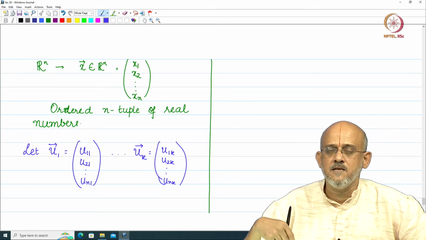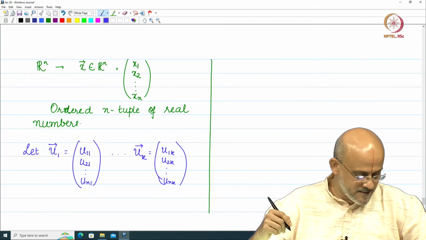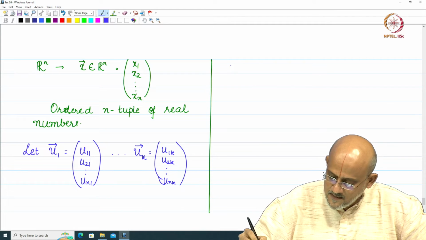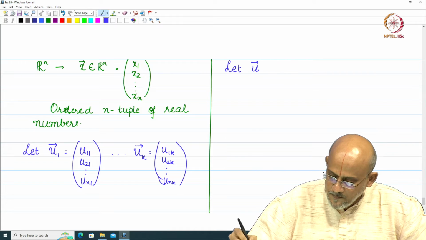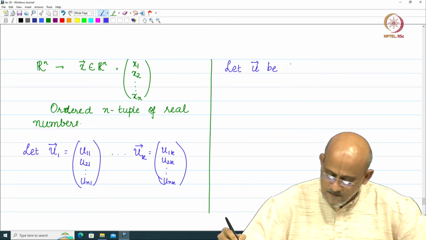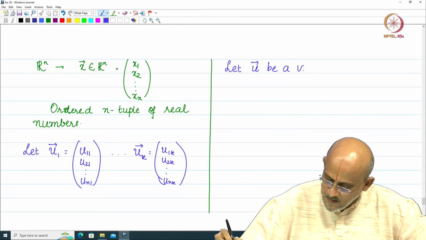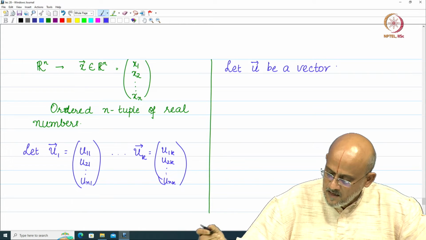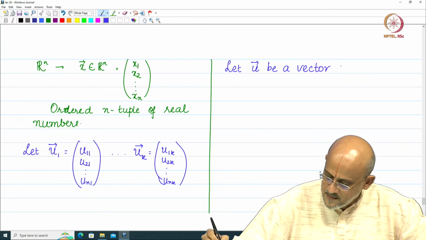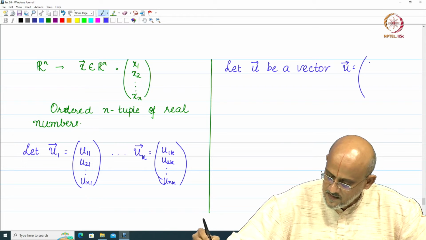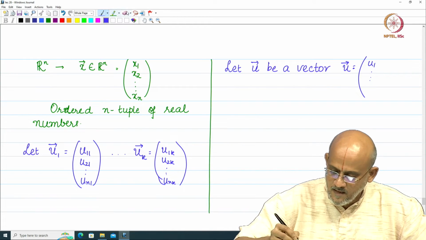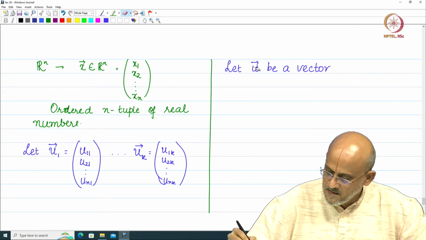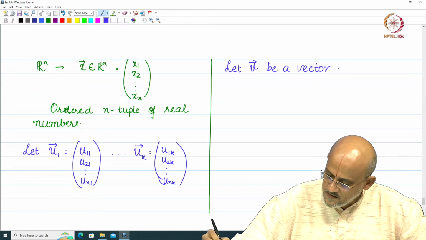So, we are going to say that these are all n component vectors and there are k such vectors here, right. Suppose we have a vector v, any vector given by v1, v2, etc., vn, an n component vector.